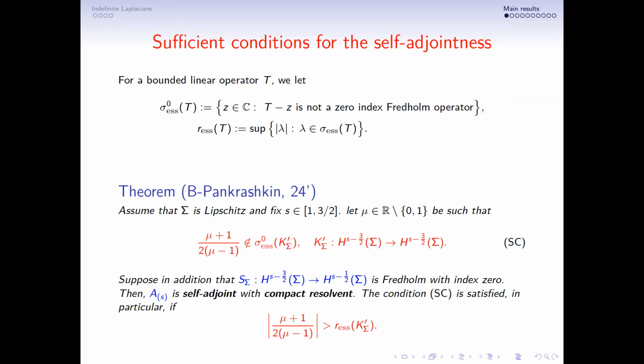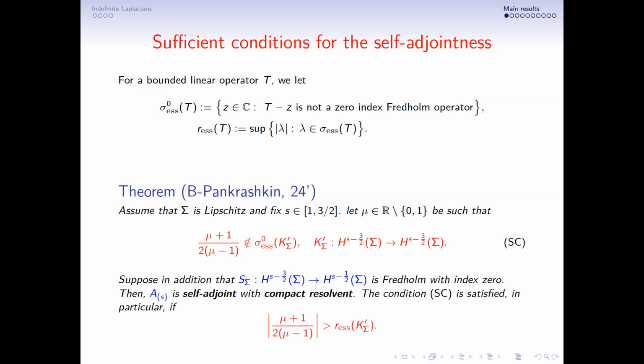And we suppose, in addition, that the single layer is Fredholm with index 0. Then the conclusion is as follows: A_s is self-adjoint up to a compact result. In particular, these conditions are satisfied if the modulus of this number is greater than the radius of the essential spectrum.